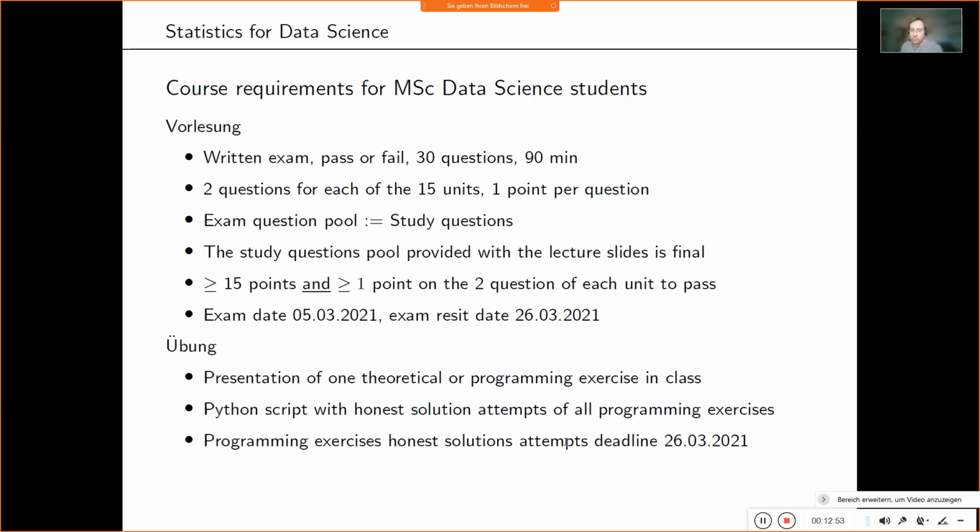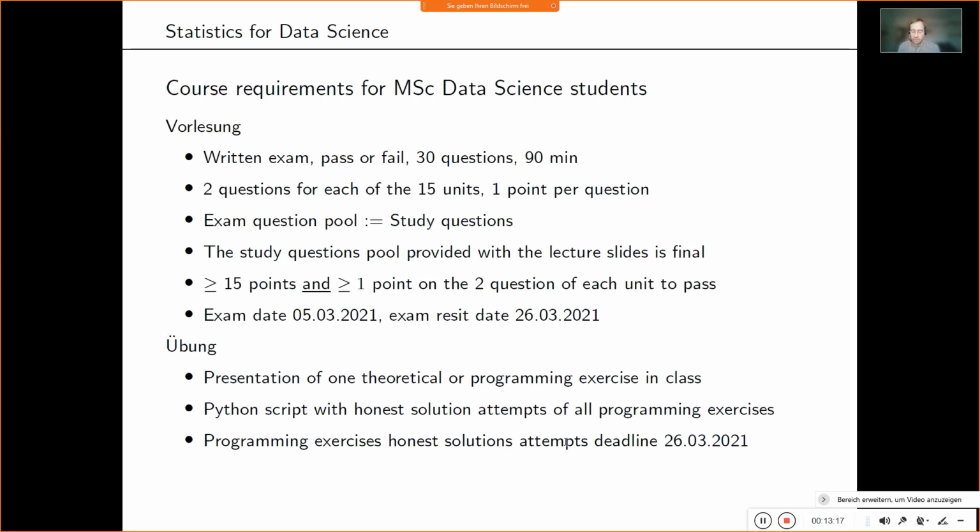There will be 30 questions, and the exam will be 90 minutes. There will be 2 questions for each of the 15 units, including this introductory session, and you get maximally 1 point per question. You will know all the questions beforehand, because the exam question pool corresponds to the study questions.